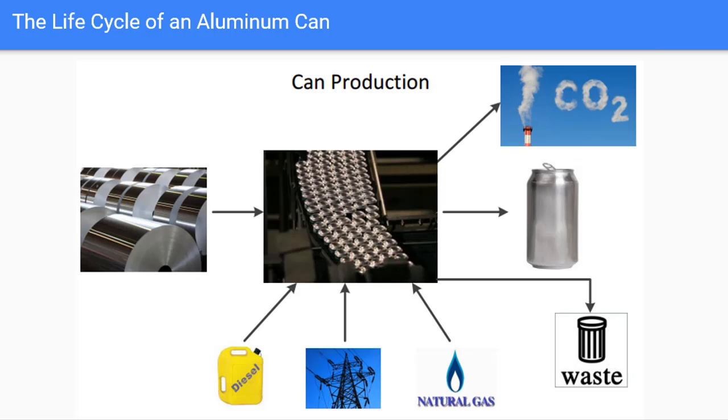And finally, the can production, the same sort of inputs can once again be seen, and each step of the process has the energy and fuel inputs as well as the emissions and waste outputs. When doing a complete LCA, all of these processes should be accounted for.